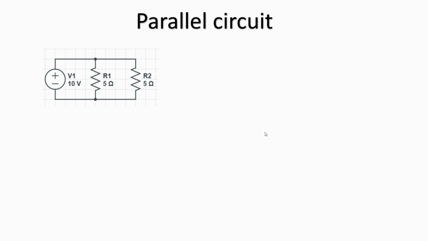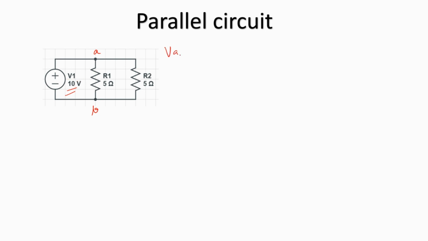So, say in this circuit, for example, resistor R1 is connected across the points AB. Across the same point AB, the resistor R2 is also connected. So we see that the voltage across AB, that is VAB, is nothing but 10 volts because it's across the same A and B terminals that the voltage source is connected.